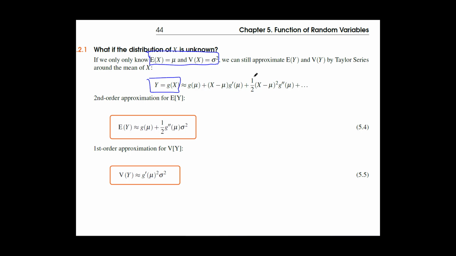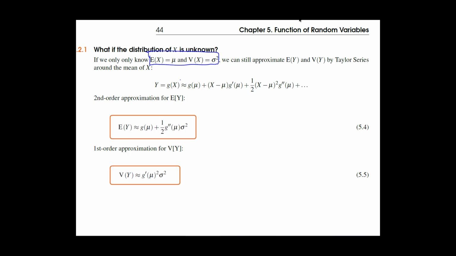What we're going to do is always use the second order approximation for the mean of y. The reason is that if we take the first order approximation, we would fall within Jensen's inequality problem. So let's take a look at that.